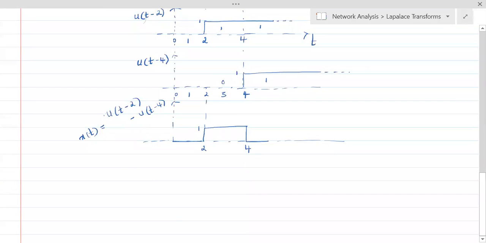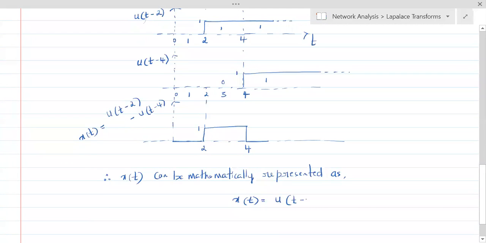So x of t can be mathematically represented as x of t equal to u of t minus 2 minus u of t minus 4.